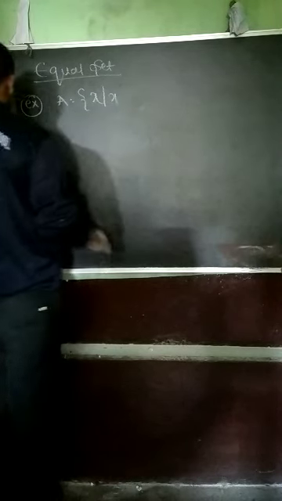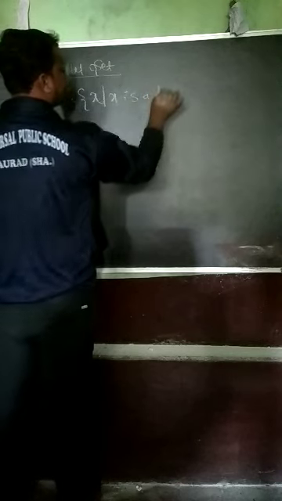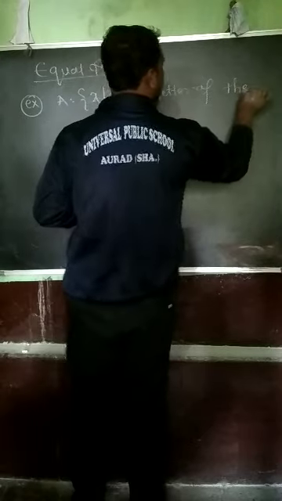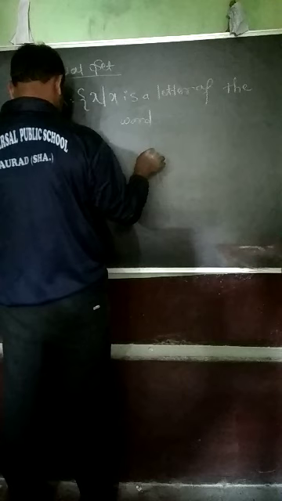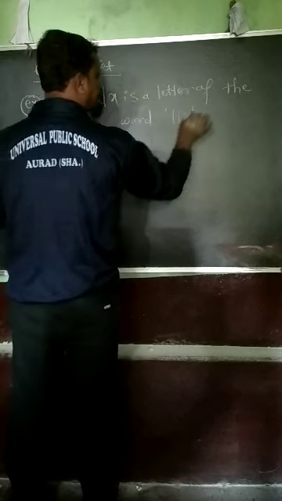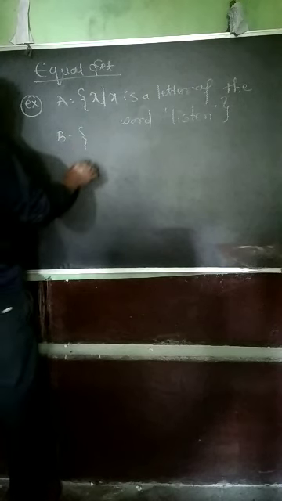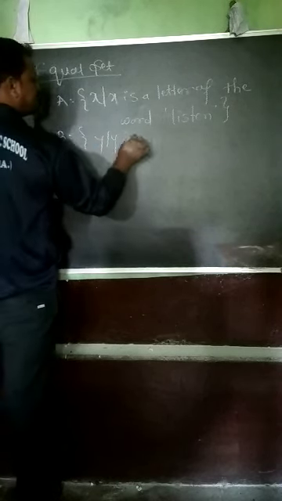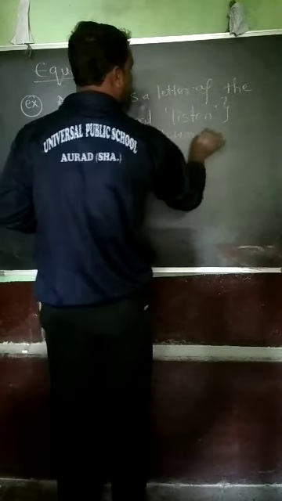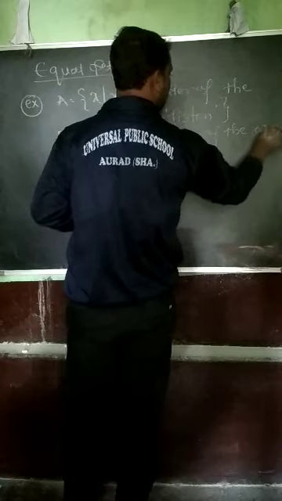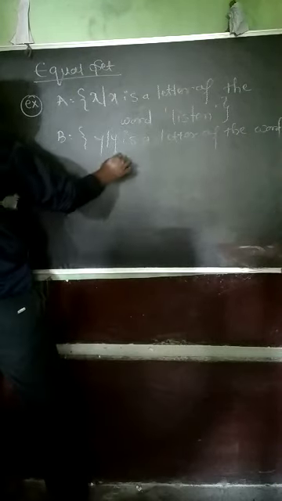See here, an example of equal sets is given. A is equal to x such that x is a letter of the word listen, and set B is y such that y is a letter of the word silent.